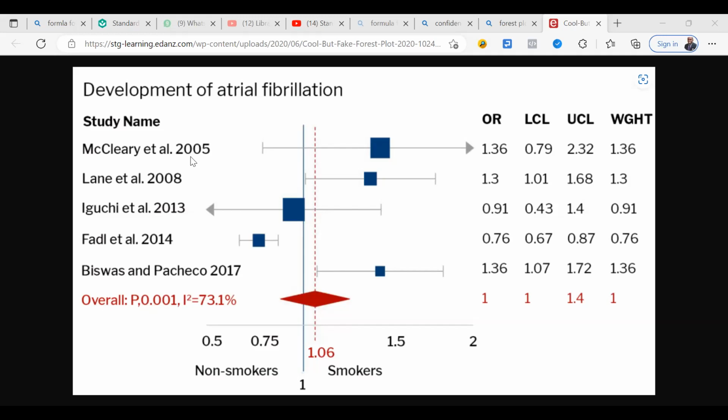Is there an association? Is it a negative association? No, there is no association between smoking and atrial fibrillation.